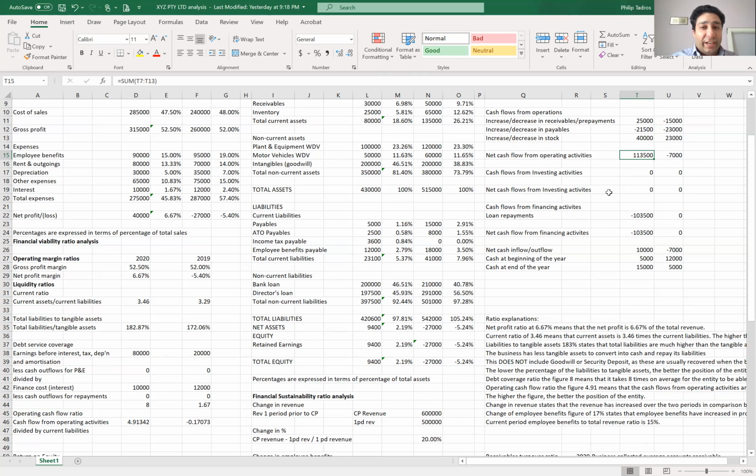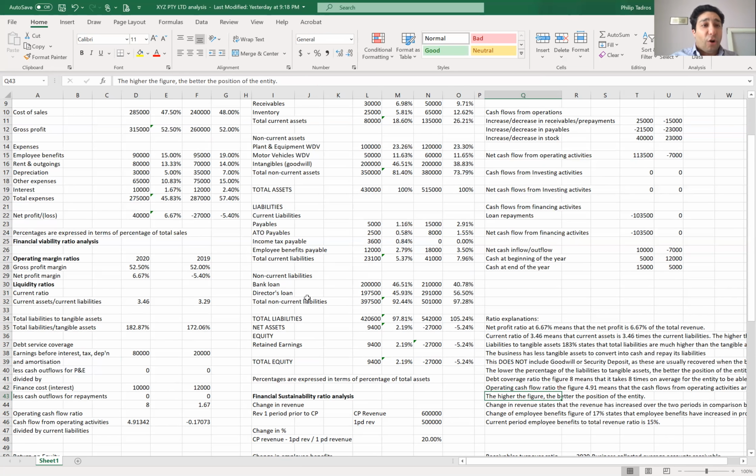So what we're saying here is the net cash flow from operating activities in 2020 is $113,500. The total current liabilities is $23,100. So 4.91 basically means that the cash flows from operating activities are 4.91 times the total current liabilities, which is quite good for the position of the company.